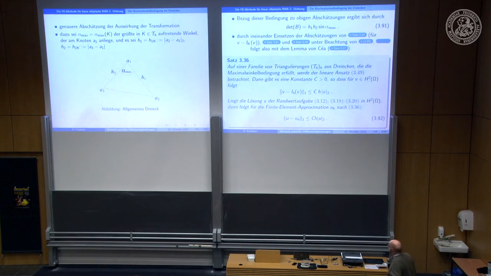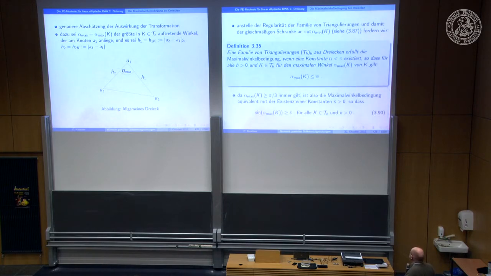So if we require a maximal angle condition in this sense, so we say that a family of triangulations fulfills a maximal angle condition if there's a constant alpha bar less than pi, such that for all triangles and all triangulations, the maximal angle is less or equal this alpha bar. So we stay away from pi.